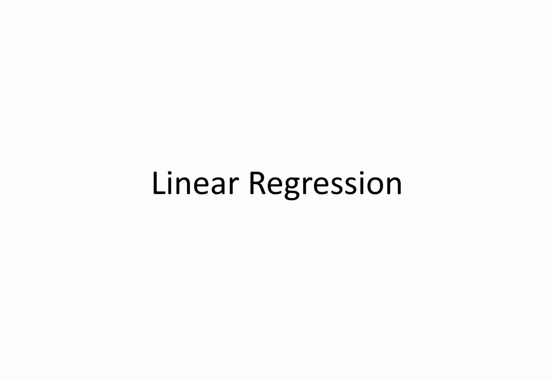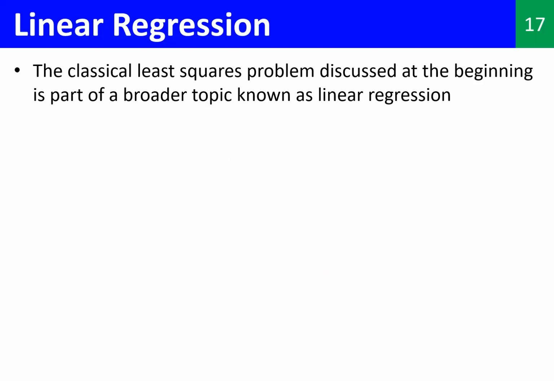Now it is worth mentioning linear regression and how it is related to our theme. Classical least squares we discussed before comes under the broader topic of linear regression. So in linear regression, we basically express one variable as a linear combination of several variables.